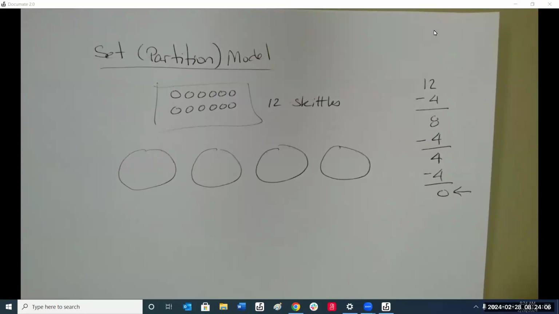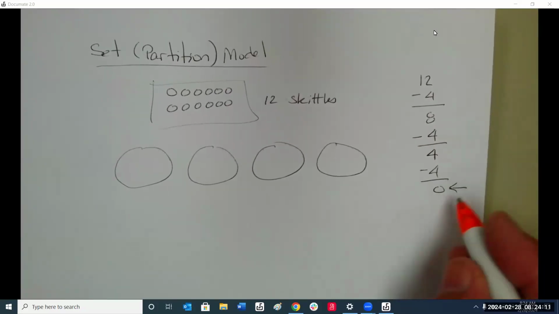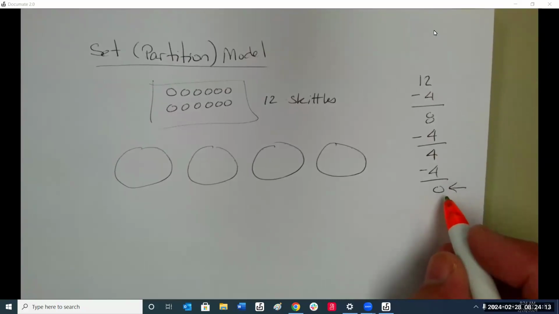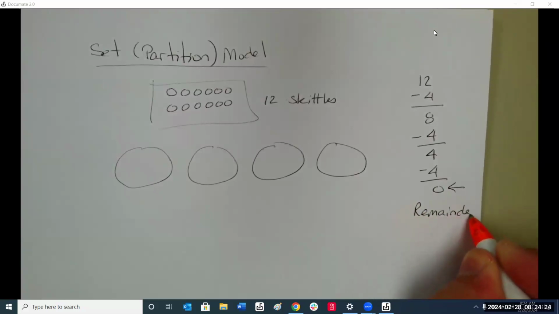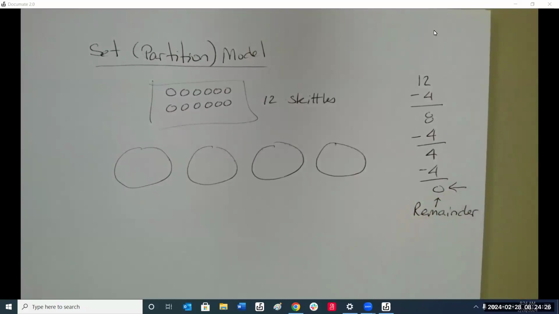Why? What is this number called? Very good. Exactly. If you get a remainder of 0, that means it fits in there perfectly.